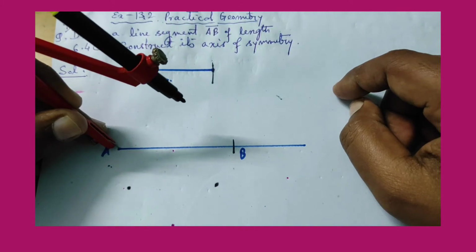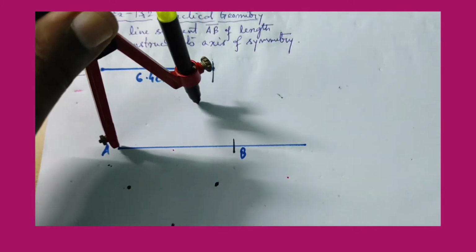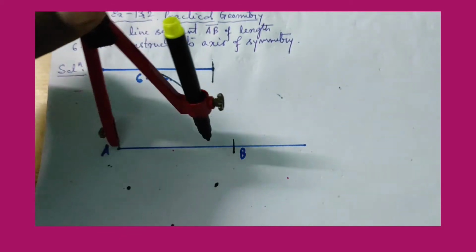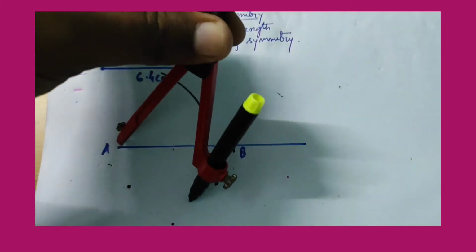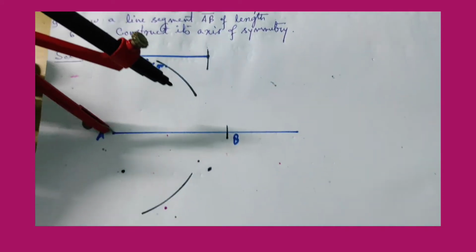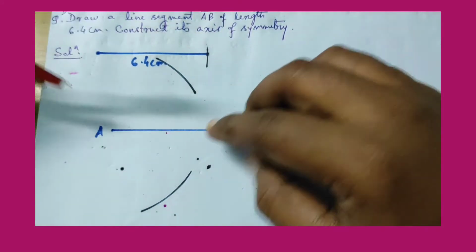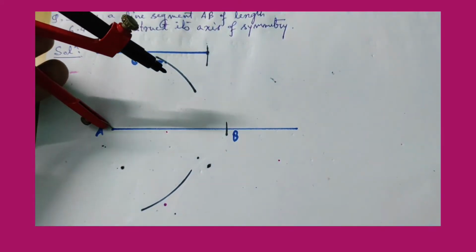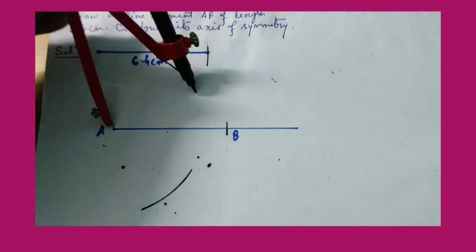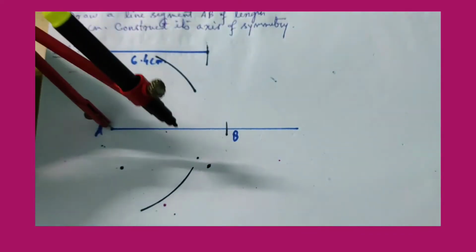Now let us put the needle at this point A, as you can see, and then we will cut an arc here and one more arc down like this. Okay, so two arcs. Putting the needle at the point A, we have drawn 1 and 2.